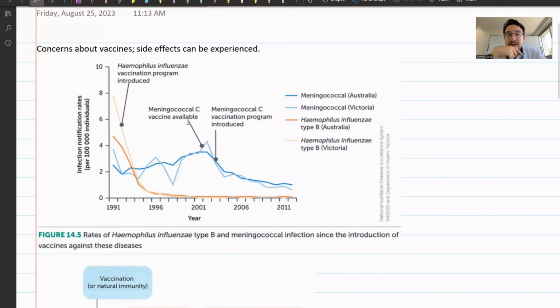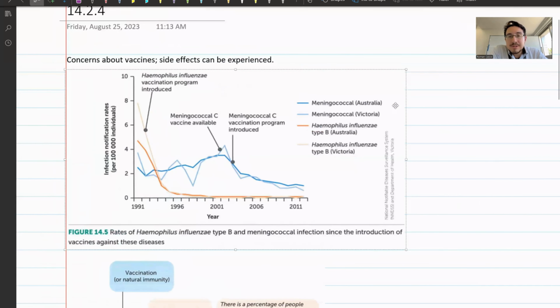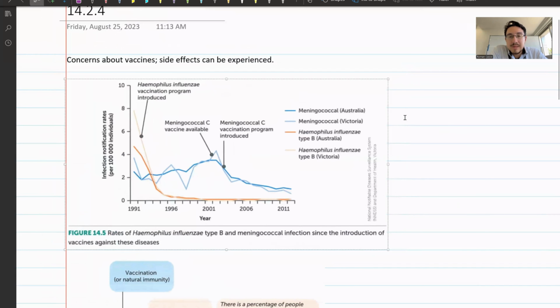Once vaccines became available, you basically have a decline in cases because of this idea of herd immunity, right? There are some people that don't like to take vaccines, and with good reason, because some vaccines have been shown to give side effects, right?